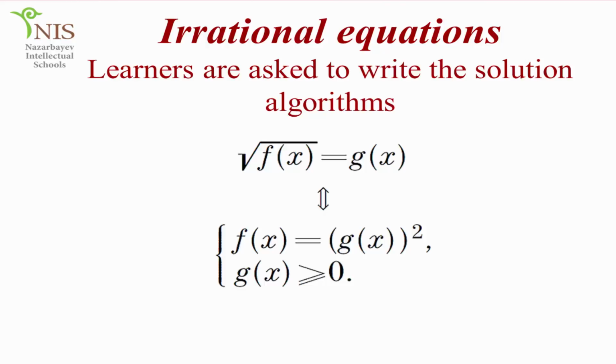And from here, how do we solve? We solve the system of two simultaneous equations: f of x is equal to the square of g of x, and g of x should be higher than or equal to 0, i.e. it's positive.